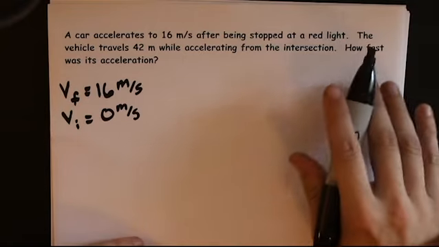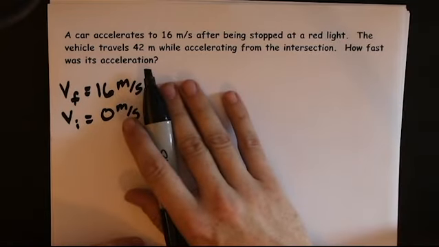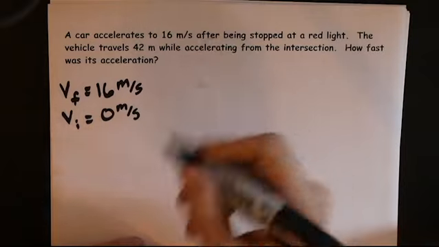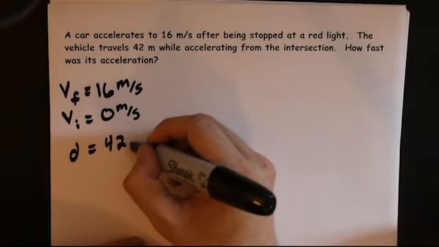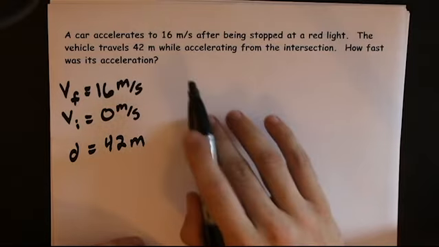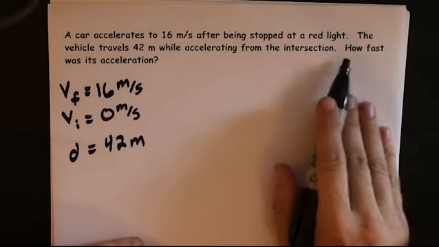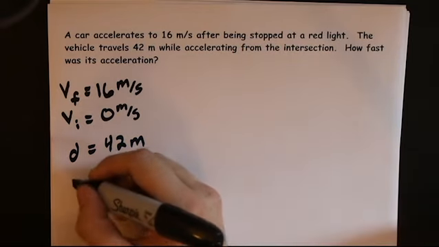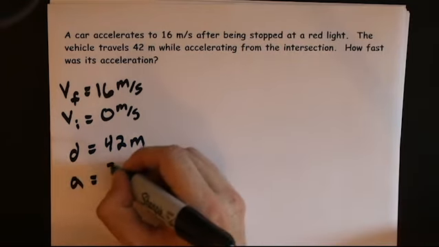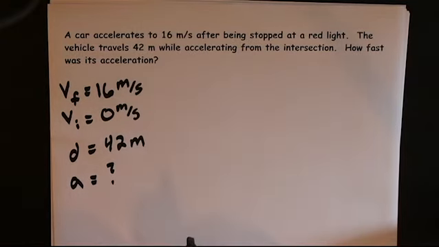The next thing is the vehicle travels 42 meters while accelerating. So that 42 meters is a distance. So distance is 42 meters. And while accelerating from the intersection, how fast was its acceleration? So the question is asking for the car's acceleration.